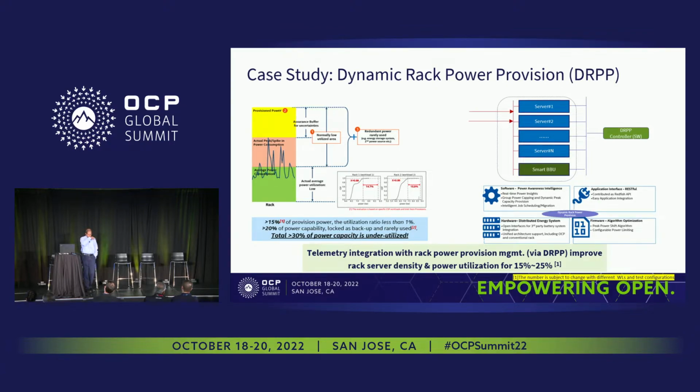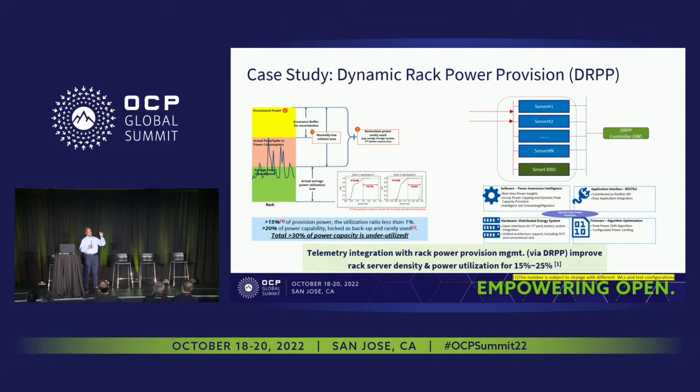So the question is, what do we do with this power? You can really not provision for it, because if a peak does arrive, you don't want your server rack's power breaker to trip on you. So the only solution is to have some way to tide over that period temporarily. The solution that we have put together is dynamic rack power provisioning. It's a group power capping policy.